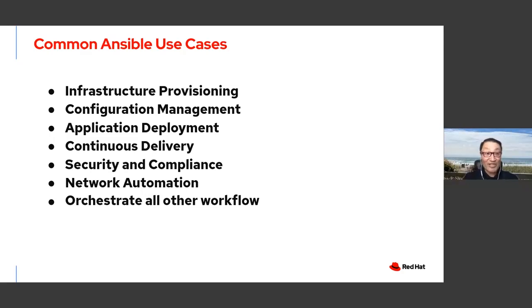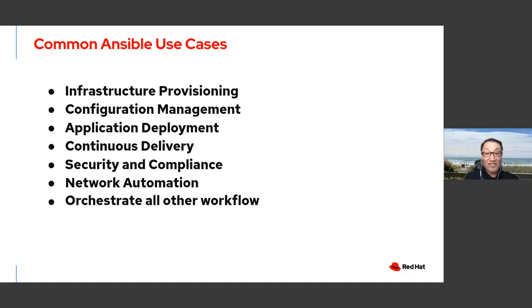After you provision them, you can use Ansible to configure them, right? You can also deploy applications on top of them. You can do continuous delivery as part of your GitOps systems. You can enable security and compliance with them, right? All your security tools, enable all your operational monitoring with Ansible, and network automation.